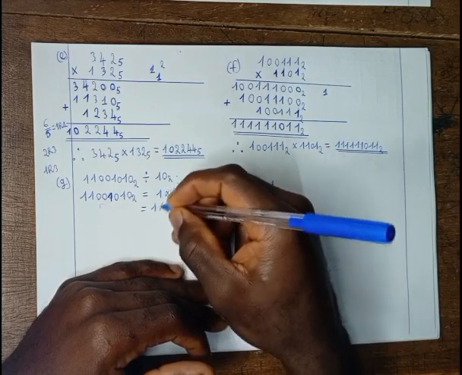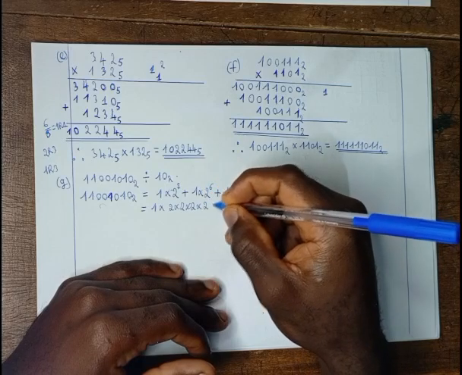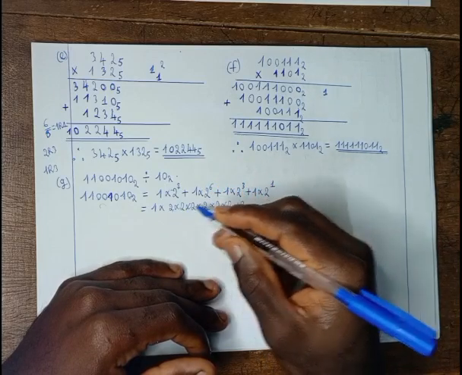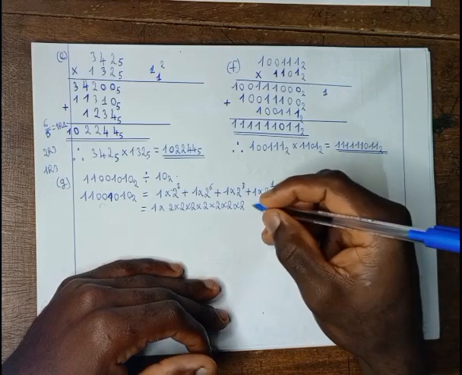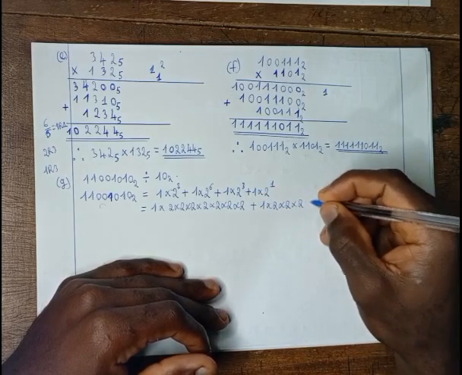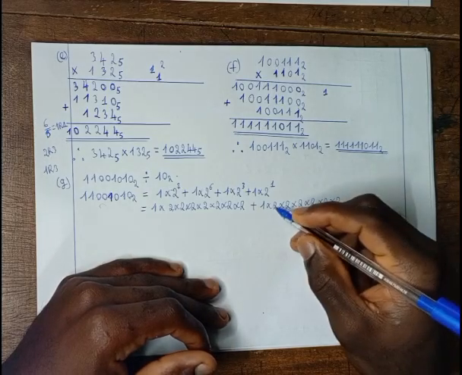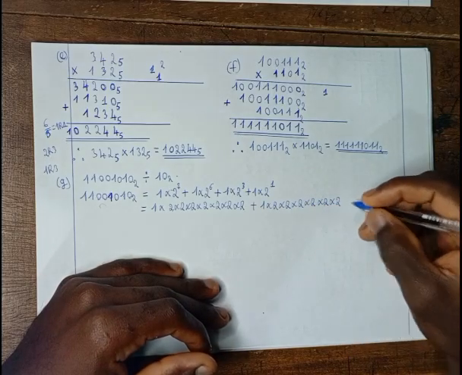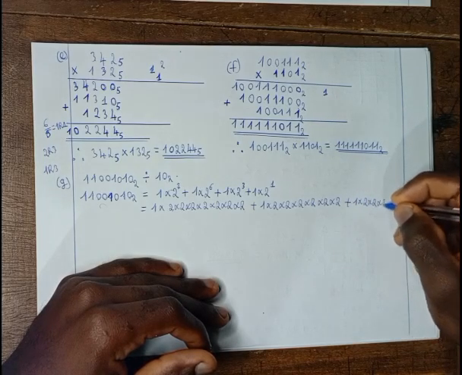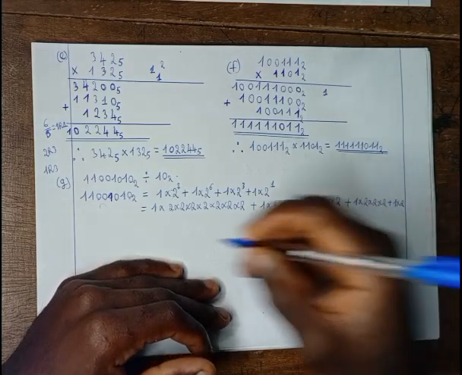This will simply give us 1 times 2 seven times, plus 1 times 2 six times, plus 1 times 2 times 2 times 2, plus 1 times 2.